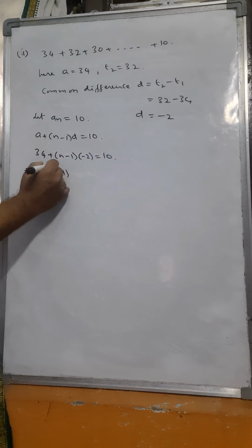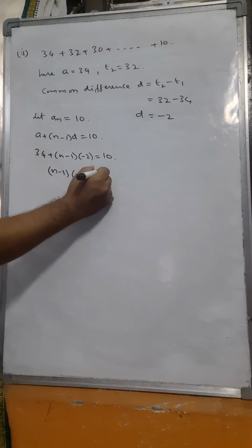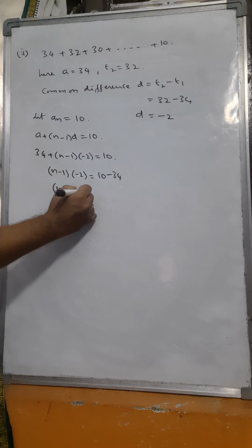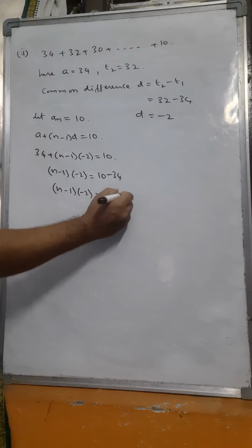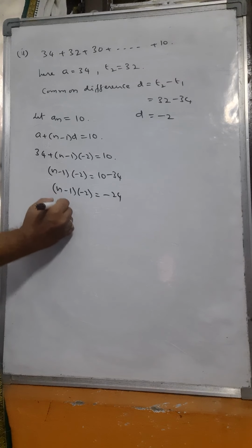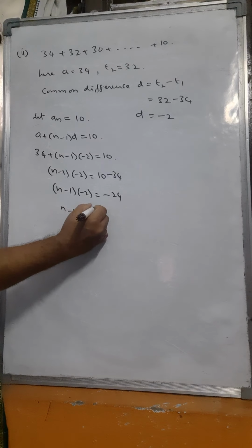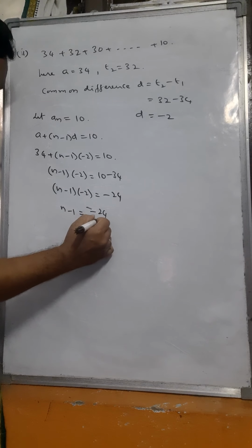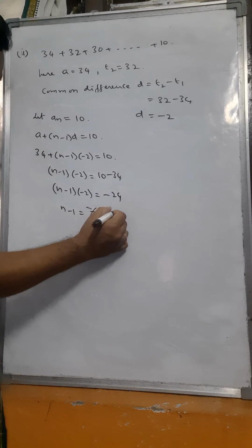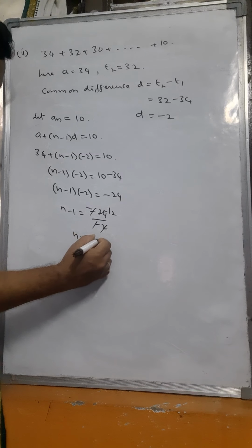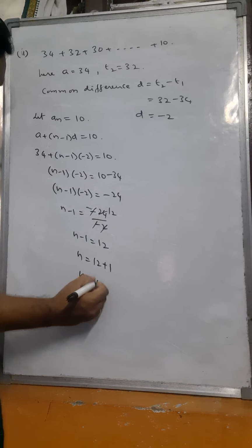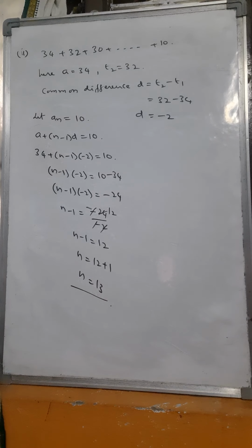So (n minus 1) into minus 2 is equal to 10 minus 34, which is minus 24. n minus 1 is equal to minus 24 by minus 2. Minus minus cancel, 2 twelves are 24. n minus 1 is equal to 12. n is equal to 12 plus 1. n is equal to 13.